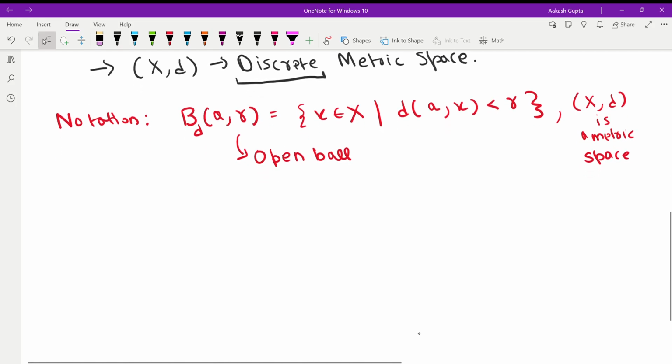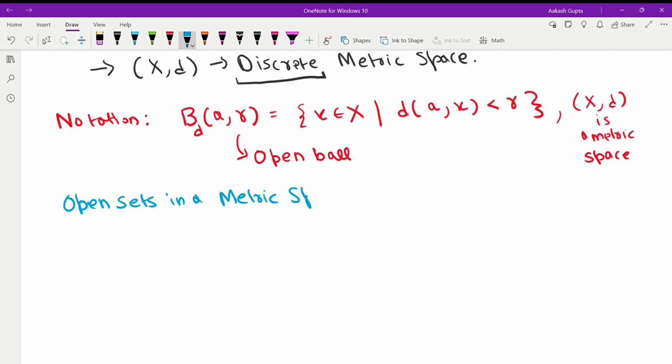Let me proceed. Open sets in a metric space X, D. Let us recall this definition.